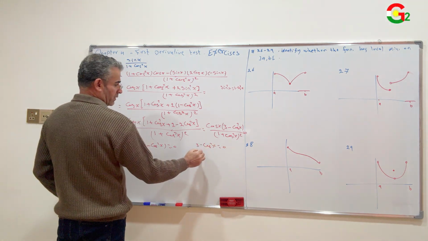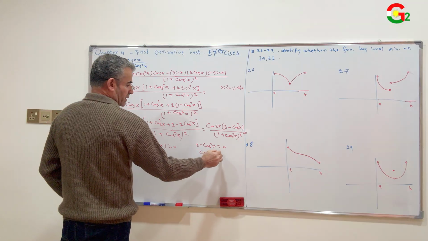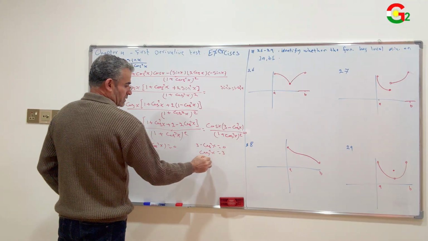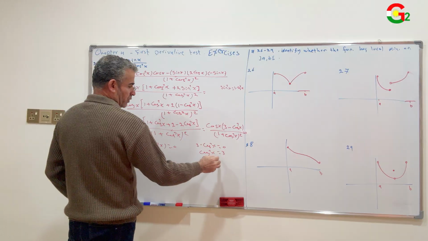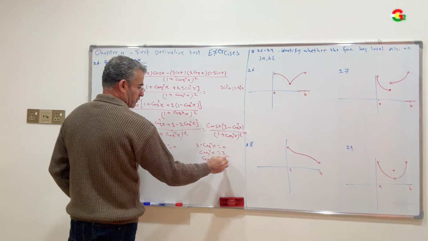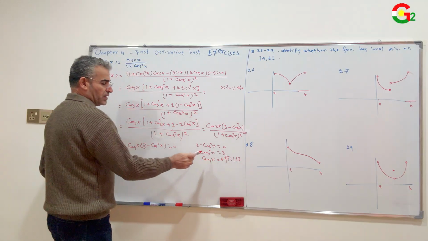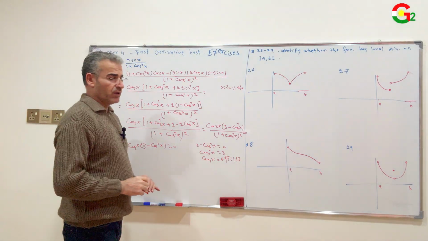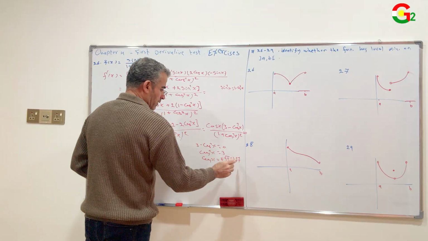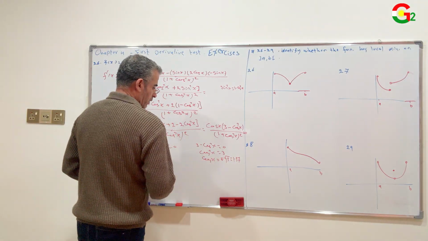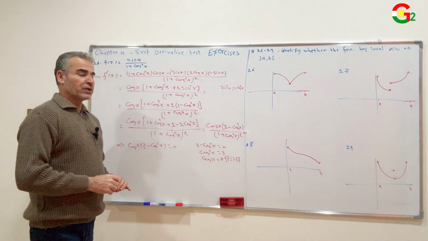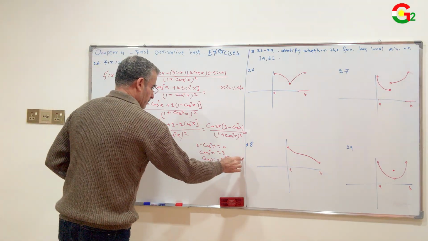If we set 3 minus cosine square x equal to 0, then cosine square x equals 3, and taking the square root of both sides, cosine x equals plus or minus square root of 3, about 1.73. But cosine's range is between negative 1 and positive 1, so there is no value of x that makes cosine x equal 1.73.